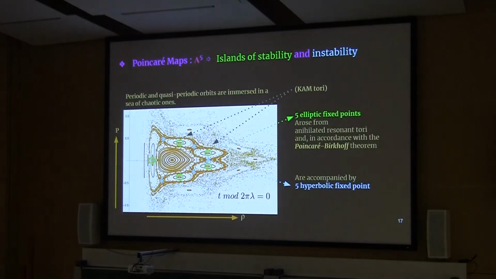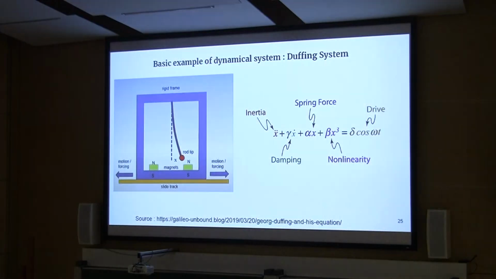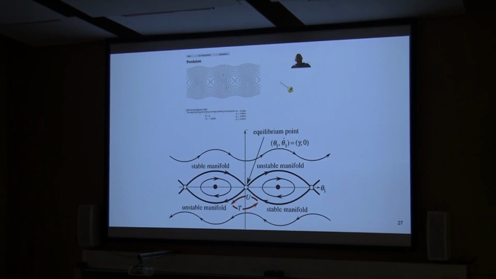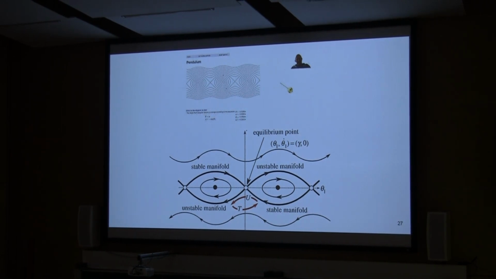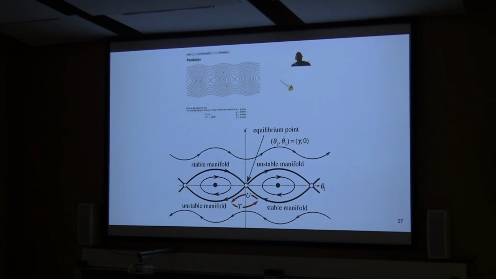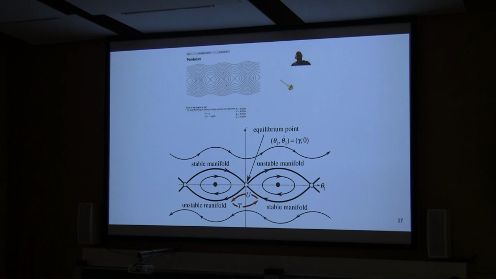But just one second, I need one backup slide which is useful, which is here. If you have a simple pendulum, you know that there is one unstable point when the pendulum is at the top, and the stable point is when it is down here. You look at the phase space, let's say theta and theta dot, and you get these kinds of structures, the normal phase space.